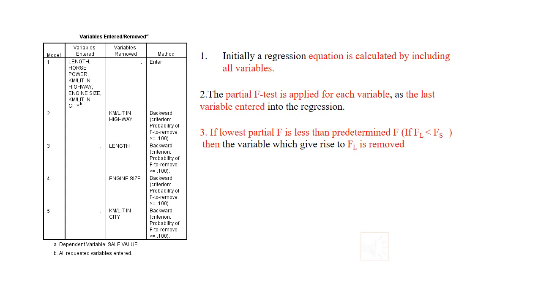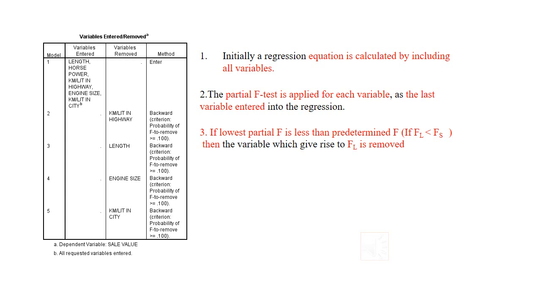You can see on the left side, all the variables are given in the first model. Secondly, the partial F test is applied for each variable which has entered into the regression equation as if it has entered as the last variable, and it calculates the F ratio test. If FL is less than Fs, it will reject and go to the next step.